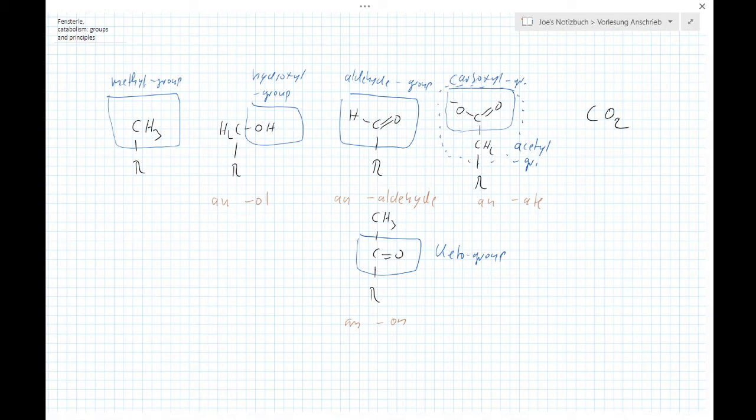Let's start with the carbon here, the methyl group. The atom with the higher electronegativity gets all the electrons. We here talk only about carbon, hydrogen, and oxygen. So the highest electronegativity is oxygen, then we have carbon, then we have hydrogen.